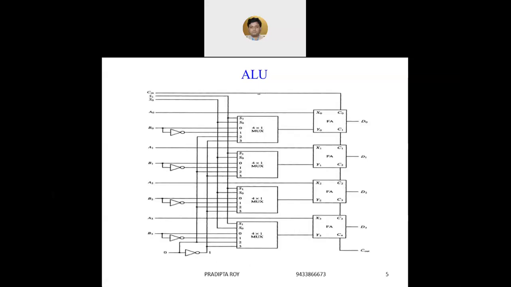Now, if Cin is equal to 0, the arithmetic circuit will perform A plus 1, 1, 1, 1. All of you will agree that 1, 1, 1, 1 can be treated as the 2's complement of 1, which is represented with 4 digits.